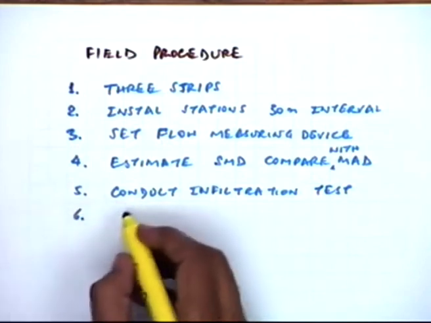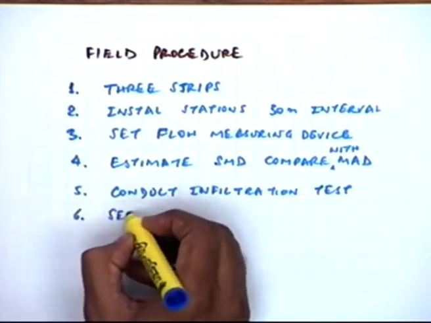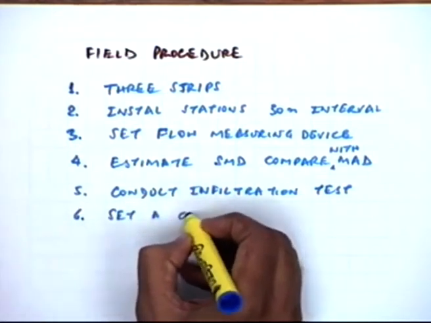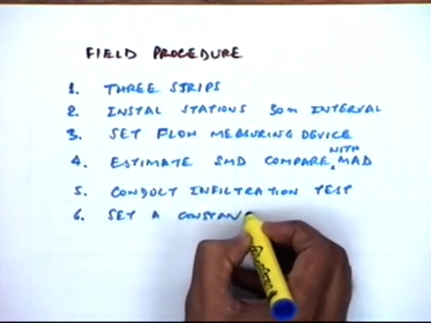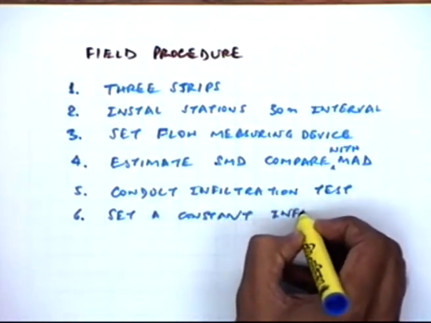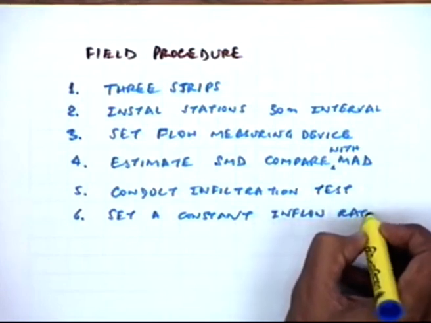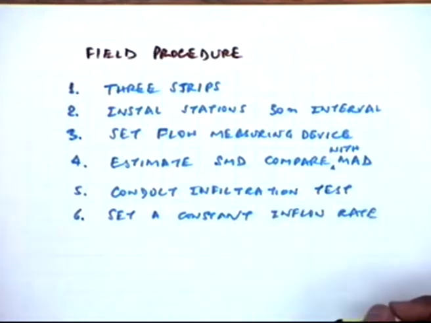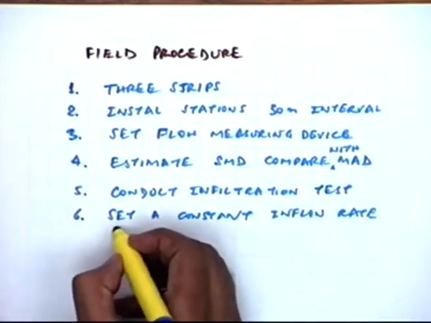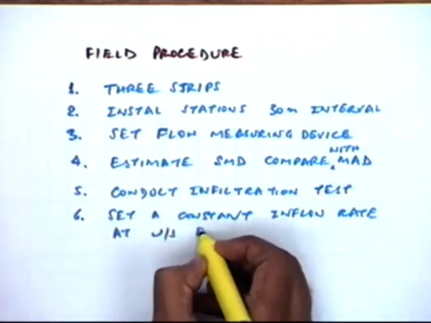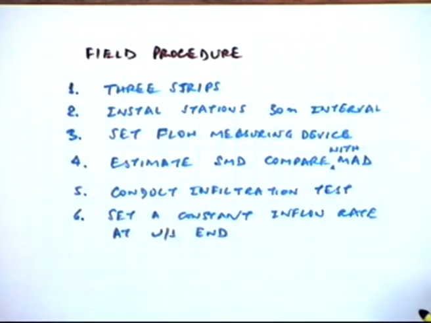So, having done that, you set a constant inflow rate at upstream end. This inflow rate is set in one of the strips. Now, this is the desired inflow rate.